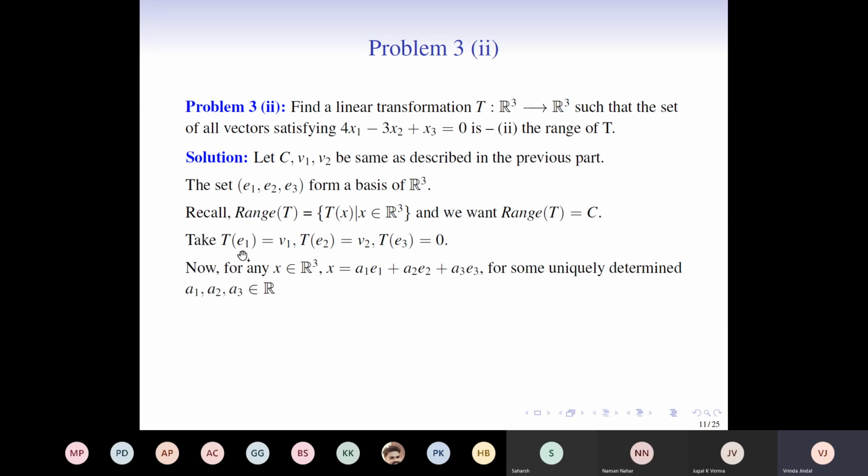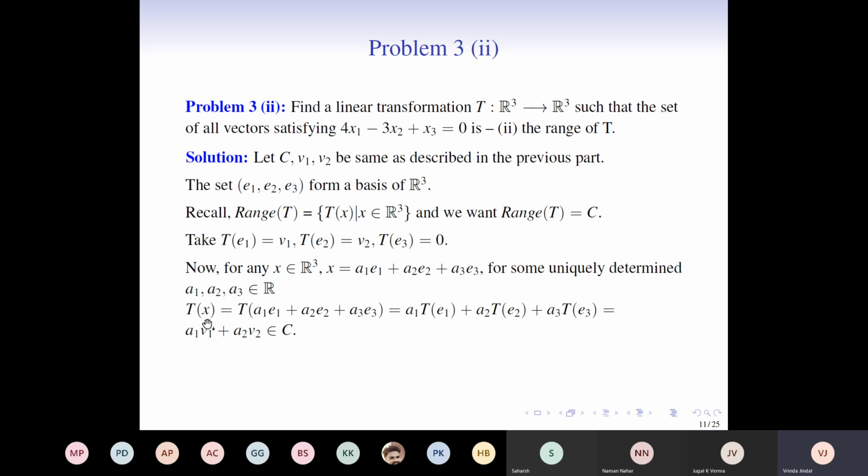So here we define T of E1 as V1, T of E2 as V2 and T of E3 as 0. So how does this help? Say we take an arbitrary X that belongs to R3. Since E1, E2, E3 form a basis of R3, X can be written as a linear combination of E1, E2 and E3 for some uniquely determined real numbers A1, A2 and A3.